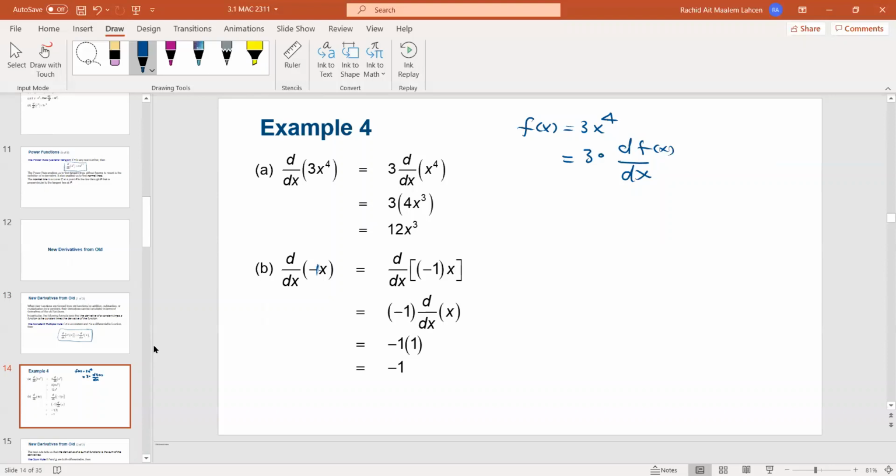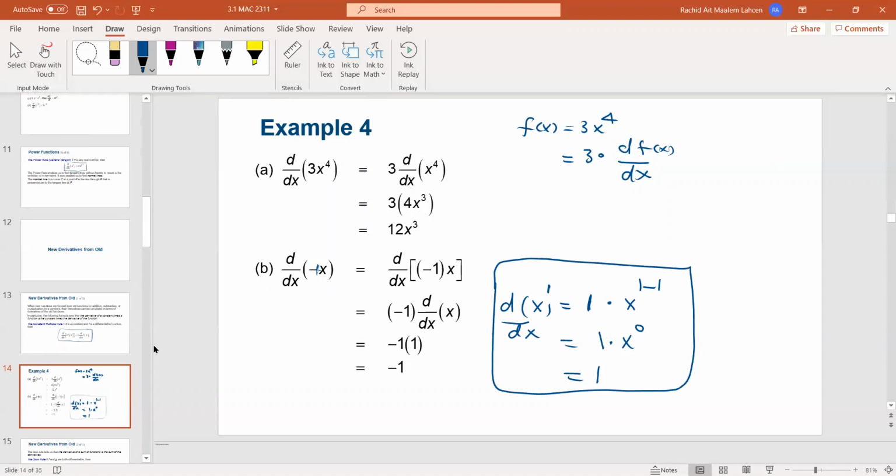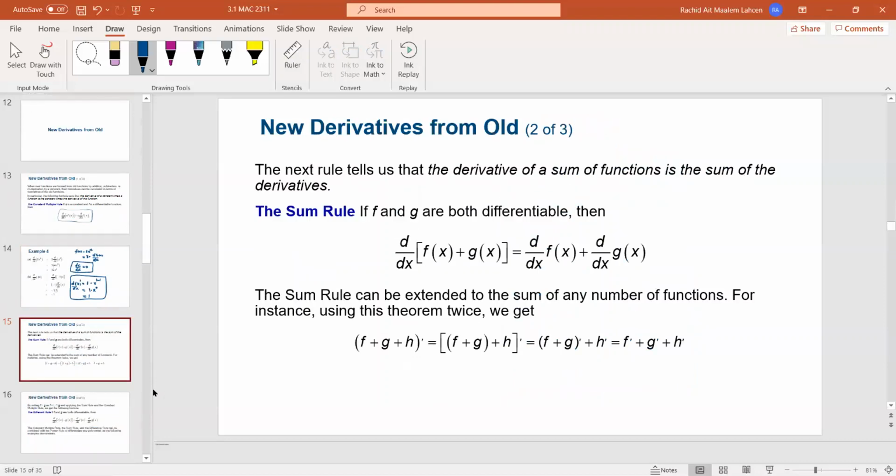And so for x, what is the derivative of x? It's going to be 1, times x to the 1 minus 1, which is x to the power 0, which is 1, right? So keep in mind that for the constant, it's 0. For x, it's 1. Those are common ones.